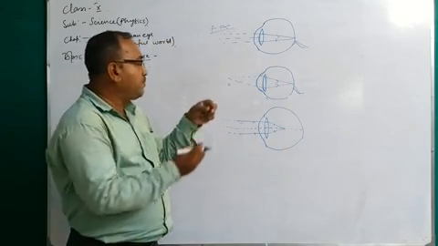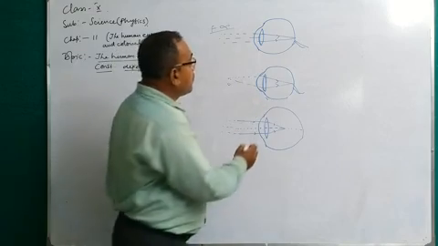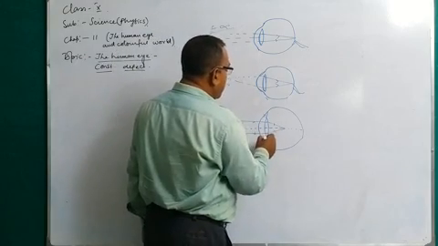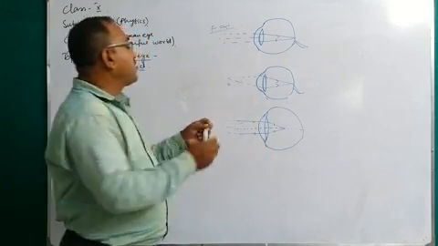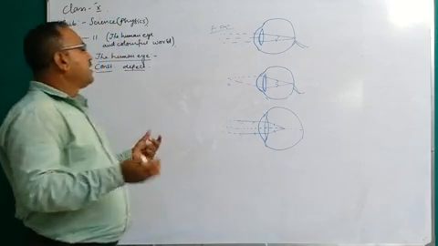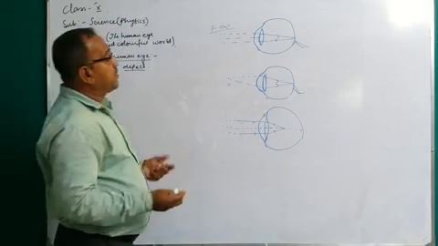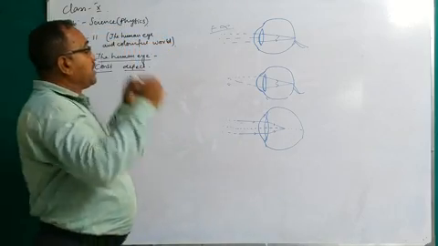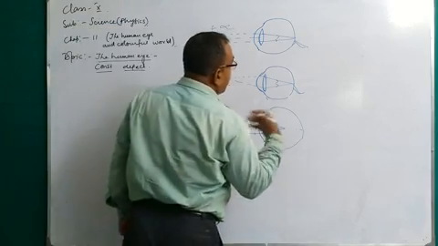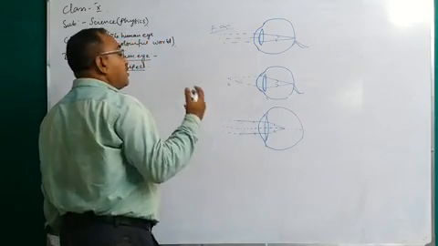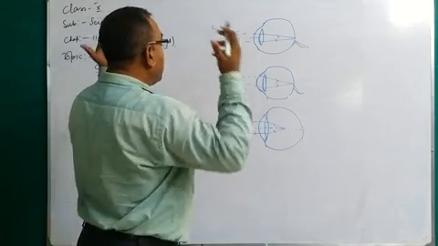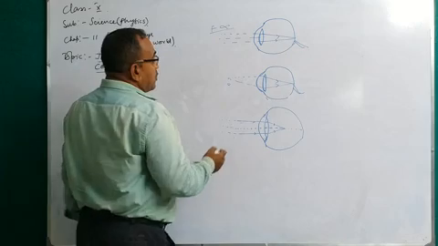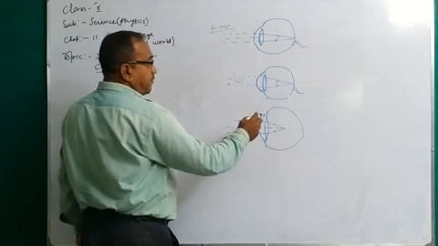You try with the help of the ciliary muscles, and the lens will increase or decrease, and you try to see a certain portion. After this you will be tired and you try to squeeze your eye. So you will be tired after a certain time, or at night you will see your headache start. So this is the defective eye.